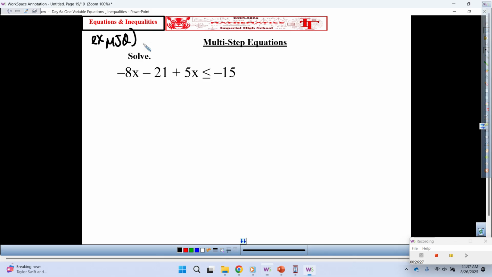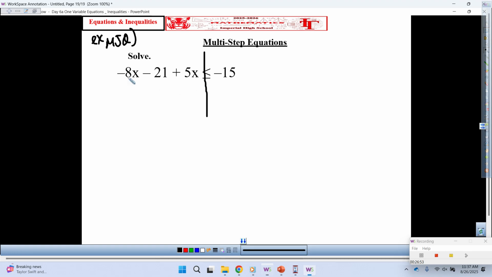All right, negative 8x minus 21 plus 5x less than or equal to negative 15. All right, the process is the same, people. Line down the inequality symbol. Look at the left side.